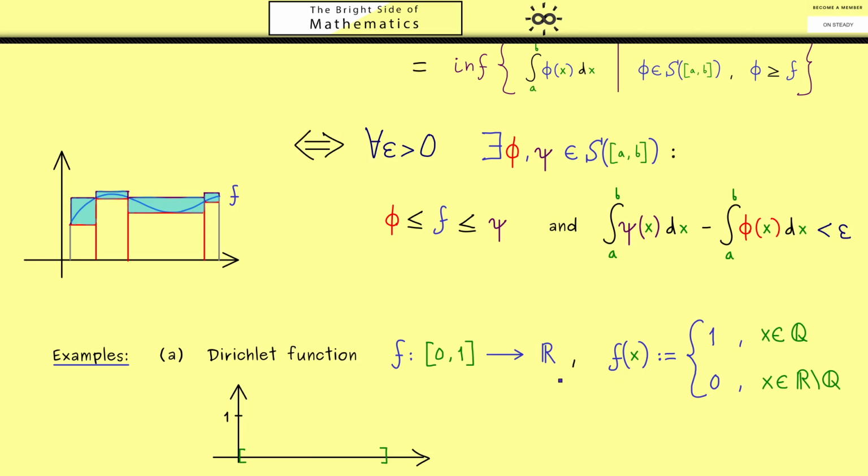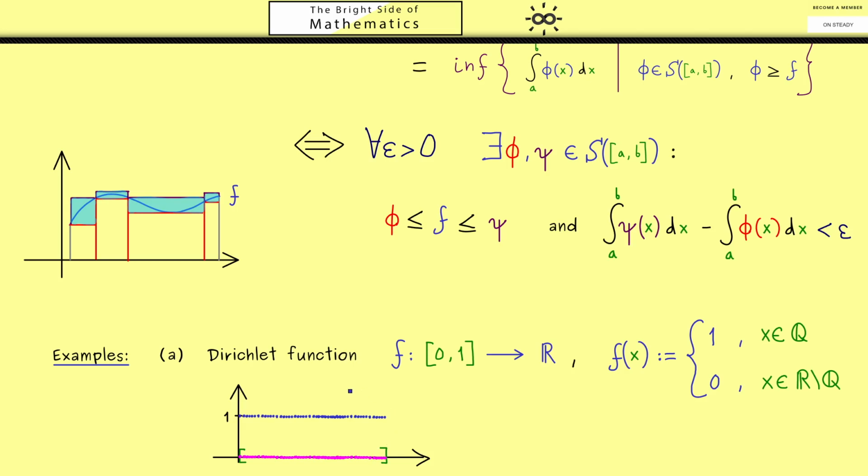Please remember, this is exactly how we constructed the real number line. For this reason, it's very hard to draw this graph of the function correctly because you have infinitely many jumps no matter how much you zoom in. And there you might already see that this function is not Riemann integrable.